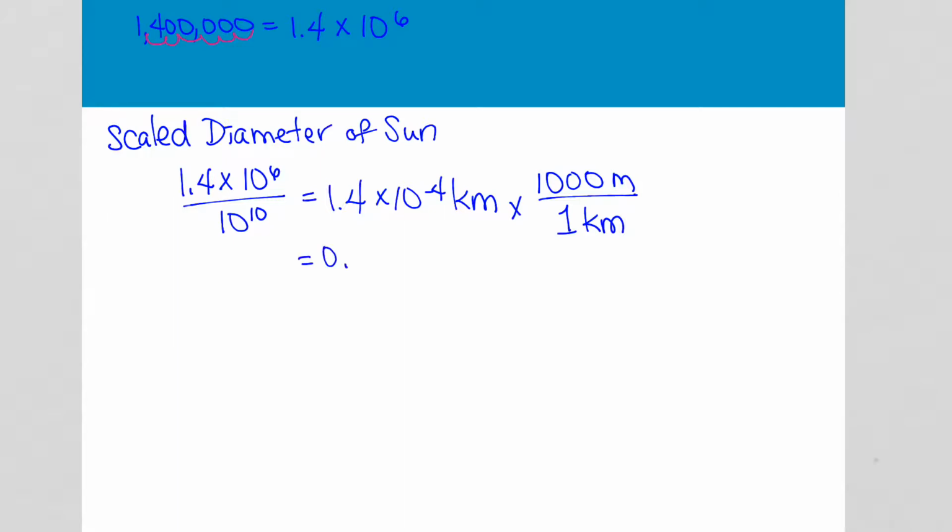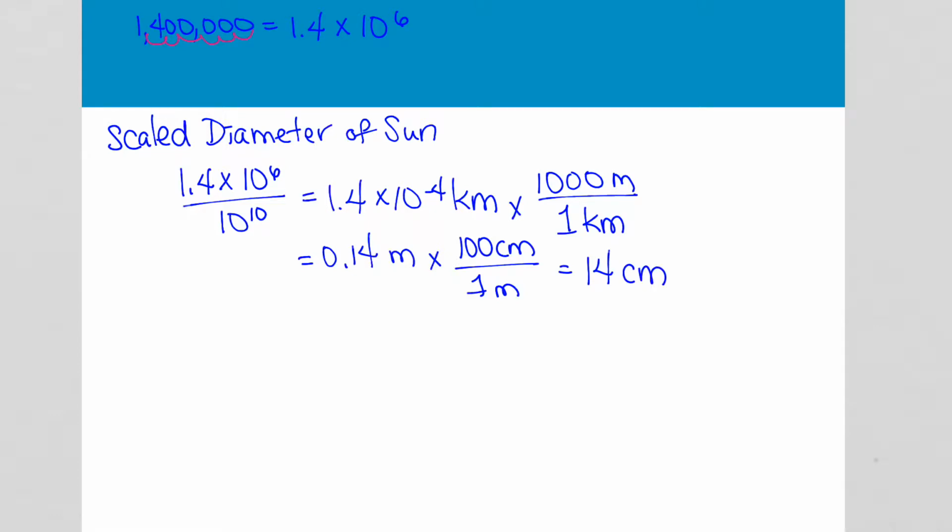That gives us 0.14 meters. Still a little bit hard to visualize, so let's change it to centimeters. We know that there are 100 centimeters in a meter. So multiply by 100 and we've got 14 centimeters.